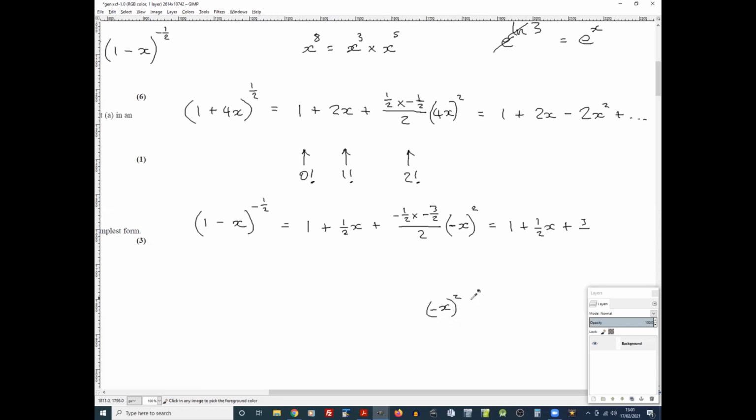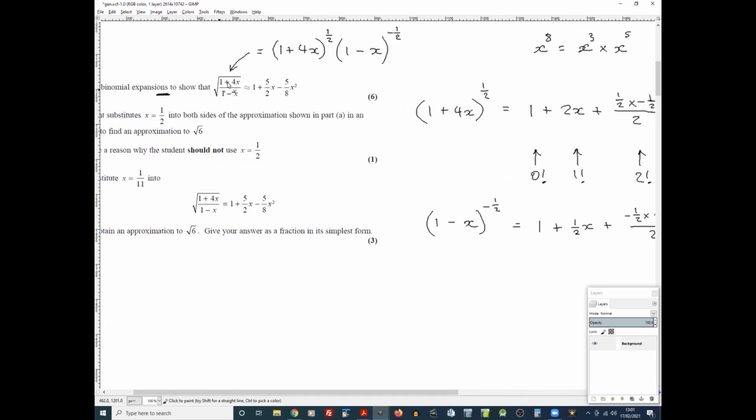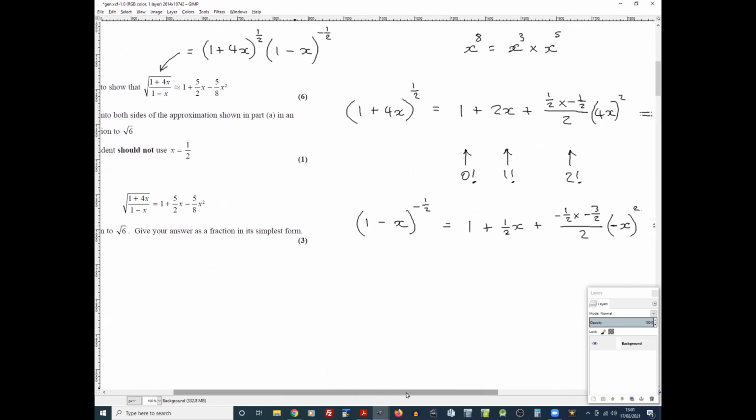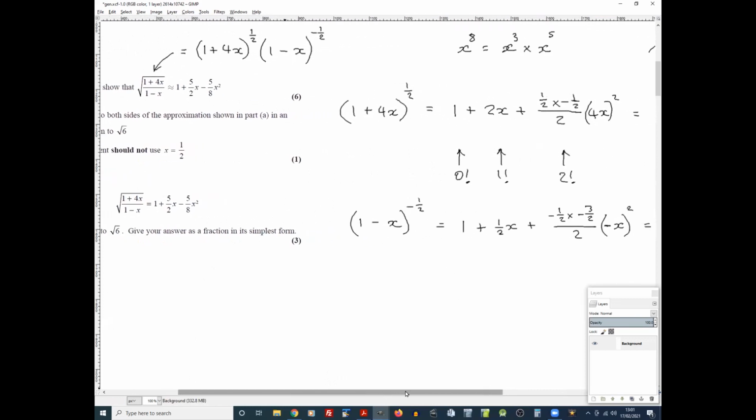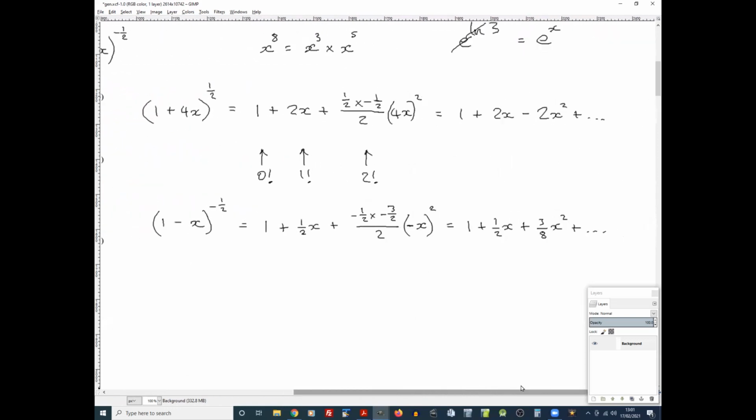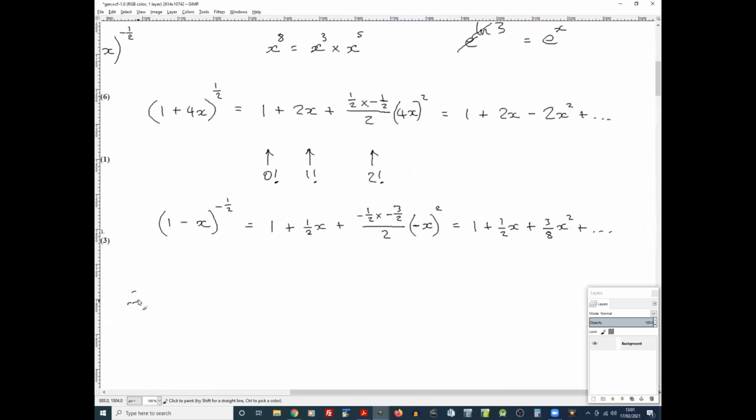That's why it matters. Plus 3/8 x squared. Plus smaller terms. Vanishingly, we hope, small terms. And therefore this, which has turned into that, becomes... What do we do next? We could say, therefore, one of them times the other equals.